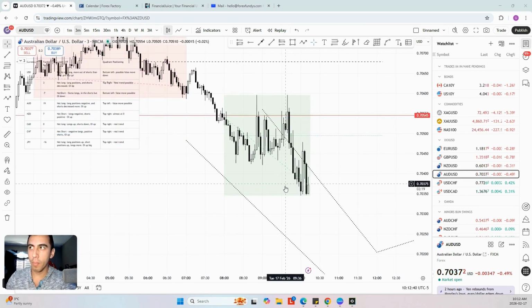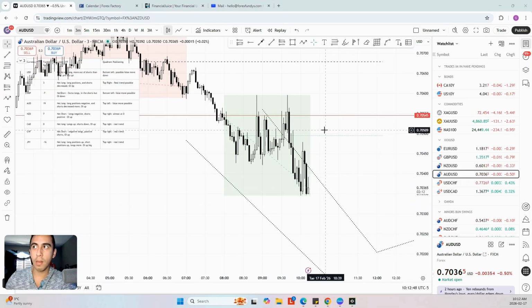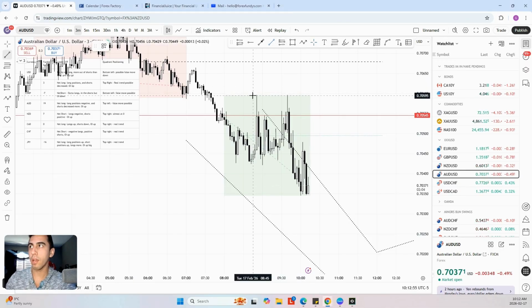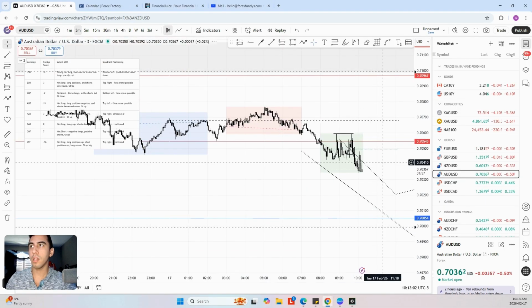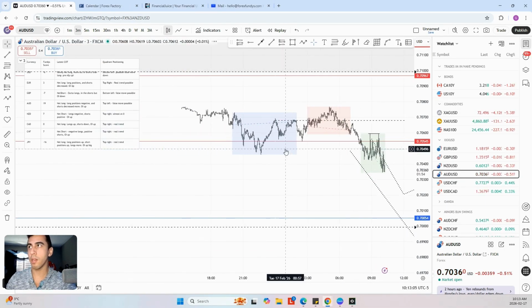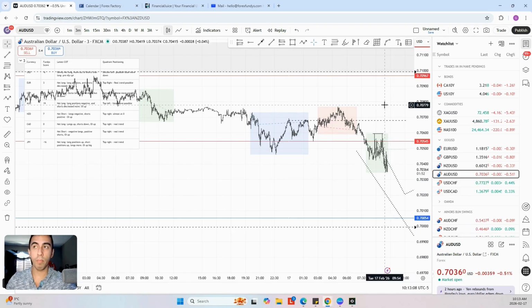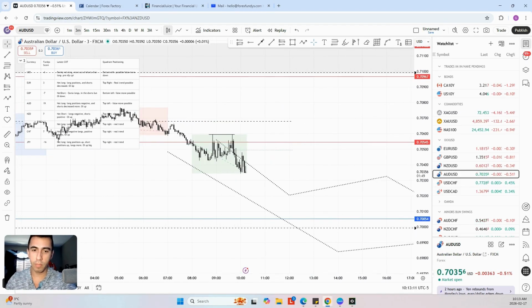We had this little bit of a push up on the Australian dollar, which didn't really amount to anything. So this being reswept and then a break, a convincing break, would be nice because we've created now exact equal highs right here. This is definitely not a final target because we have way more ways to go, but it's a nice zone of liquidity that's been created to bring price up before it probably falls down in the higher time frame.